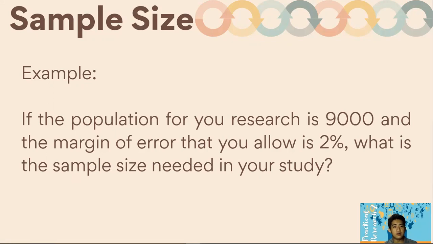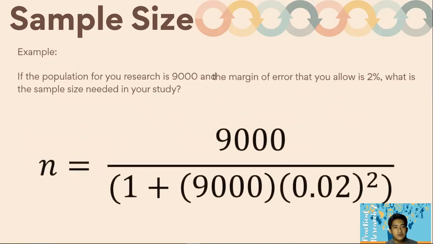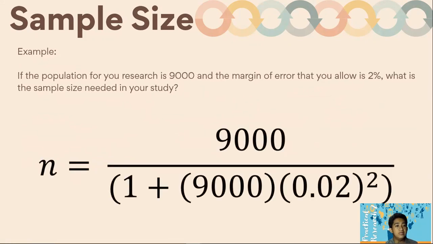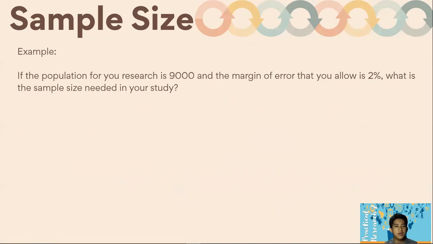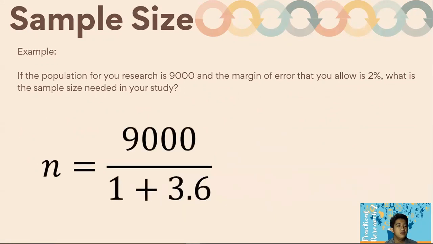Looking at the formula, we can substitute the given values: n is equal to 9,000 divided by 1 plus 9,000 times 0.02, the 2% margin of error, squared. Then we can come up with 9,000 divided by 1 plus 3.6.